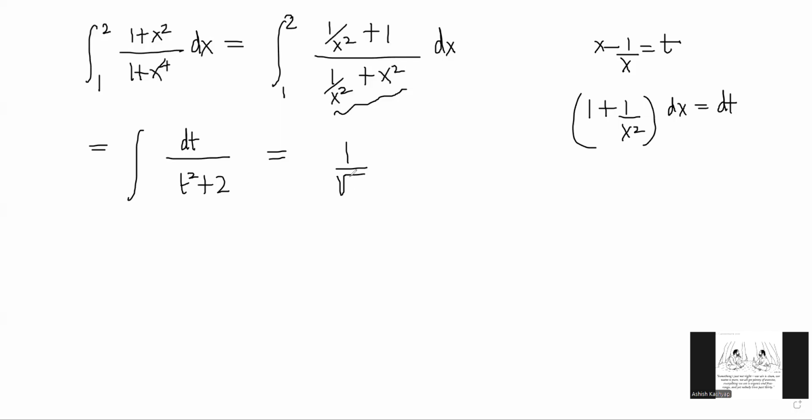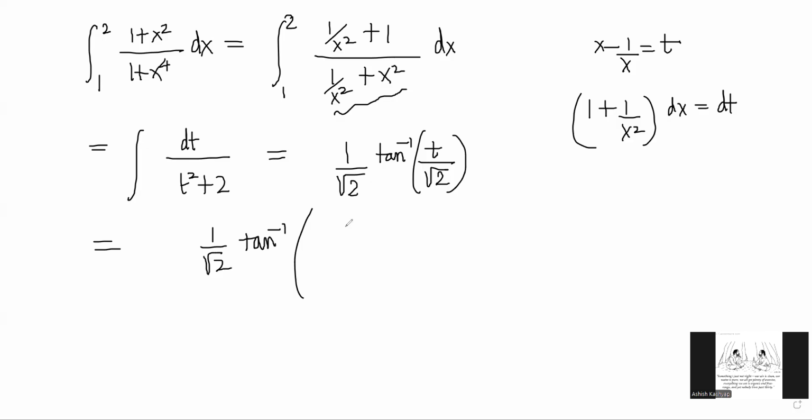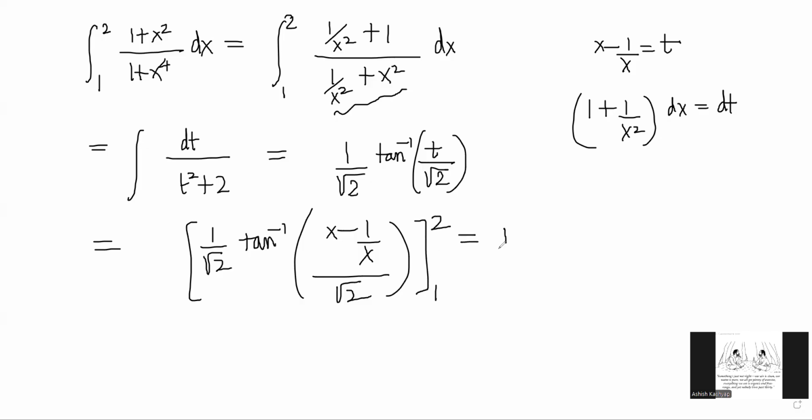So this is 1 by root 2 tan inverse t by root 2, and putting the limits, you get 1 by root 2 tan inverse of x minus 1 by x divided by root 2. And now I have to put the limits 1 to 2. So when you put 2, you get 1 by root 2 tan inverse of 2 minus 1 by 2, so that will be 3 by 2, so 3 by 2 root 2.